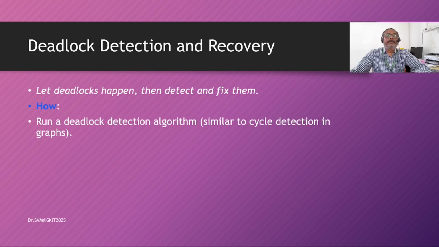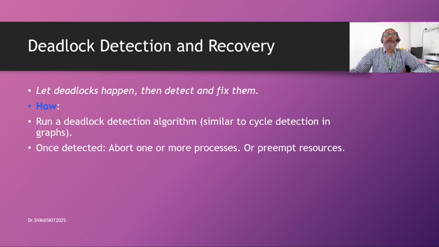It's just a simple algorithm like cycle detection in graphs, to detect a cyclic wait. Once we detect the deadlock, then abort one or more processes or preempt the resources.